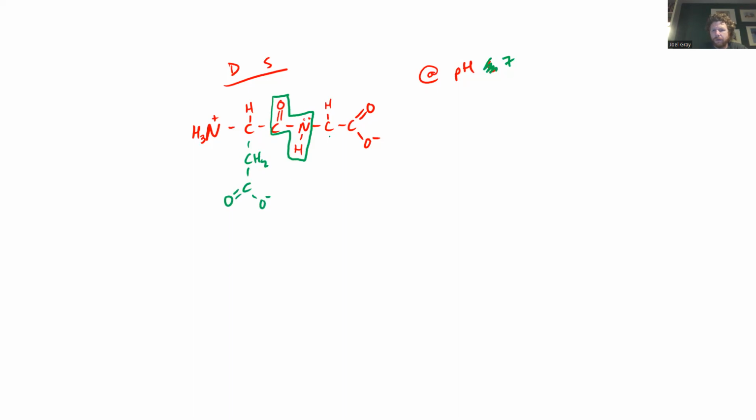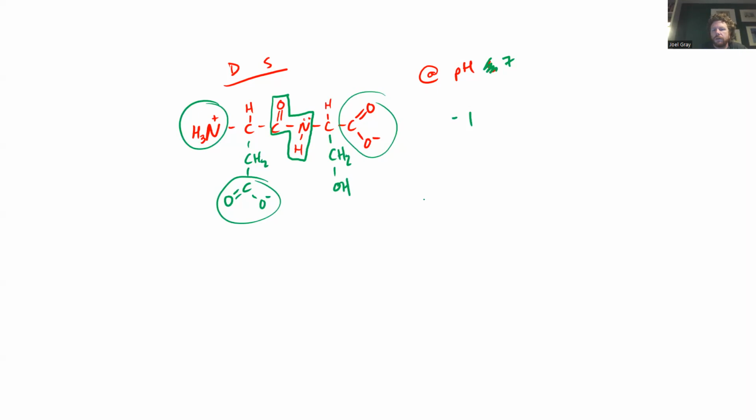I have my serine R group, which is CH2OH, which is protonated. The overall charge of this at a pH of 7 is, well, here's a negative, here's a negative, here's a positive. Okay, so the overall charge of this is -1 because one positive is canceled out by a negative, leaving behind a negative overall.